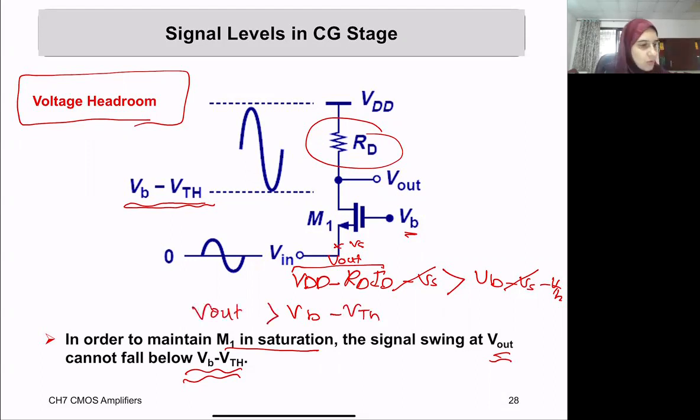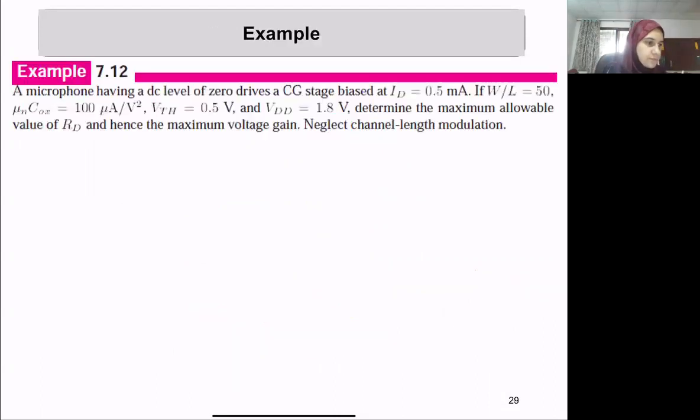So we should not fall below this value. Okay, let's take a last thing, this example.